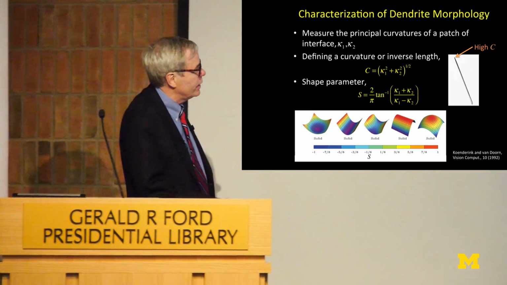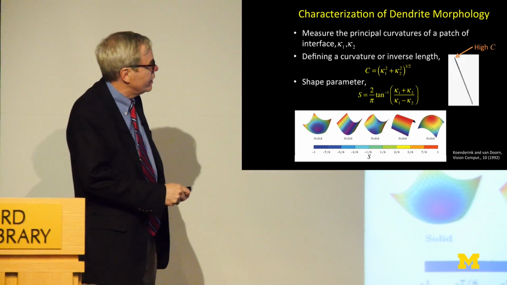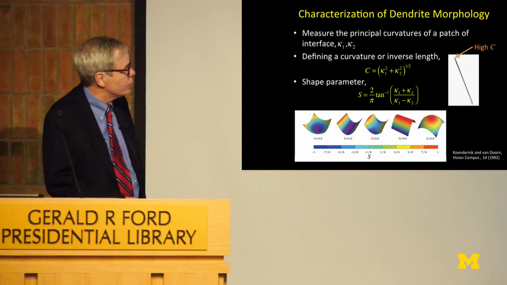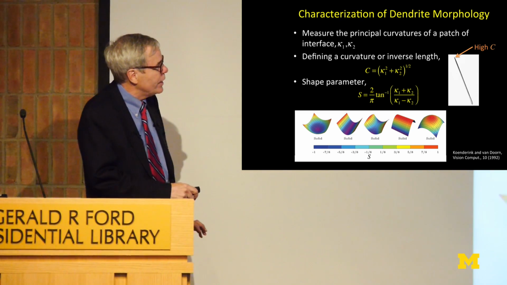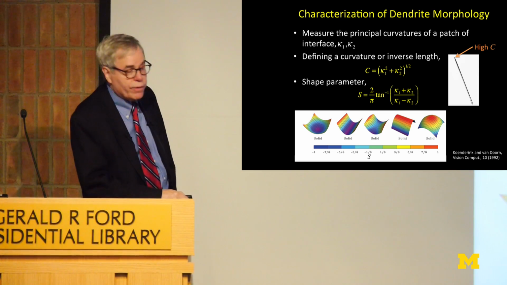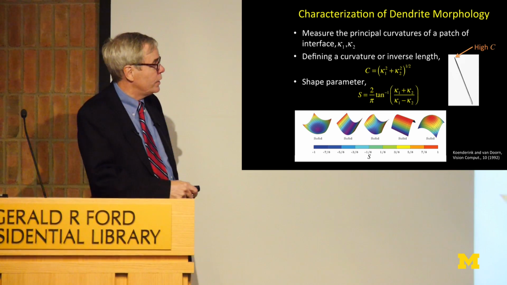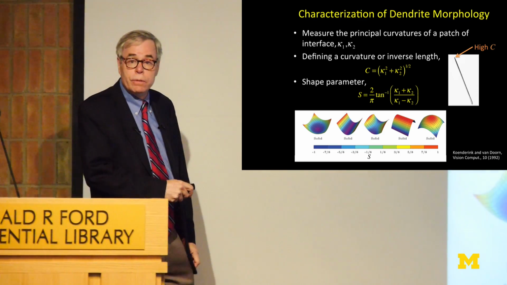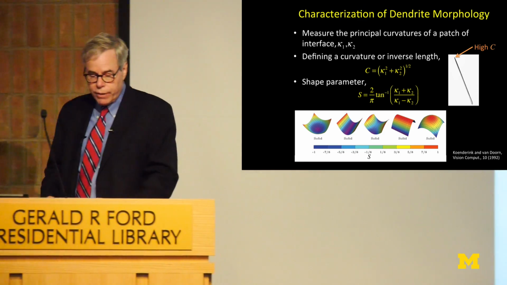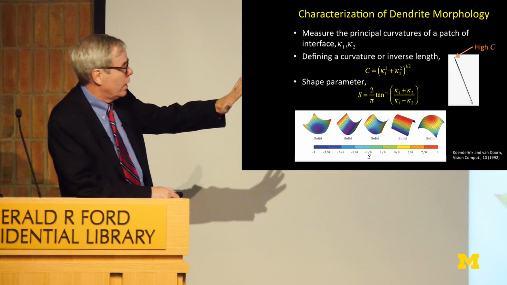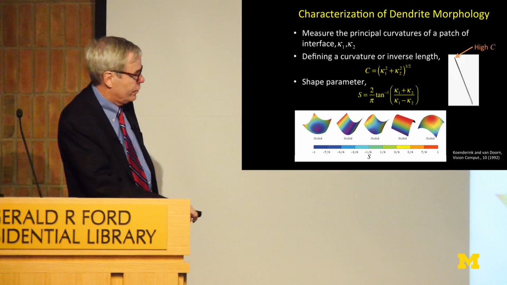The other thing that we've defined is a curvature that is basically the average of the principal curvatures of the surface. This is very easy to think about. This is a needle. The tip of the needle has a very high curvature, so C is very high. A desk, like this, has zero curvature. Okay? So we can map everything from a zero curvature shape to a needle in terms of the overall curvature, and then the shape sits here.